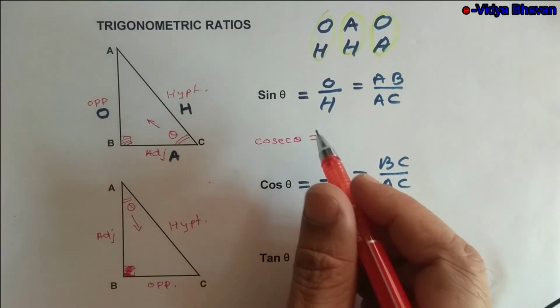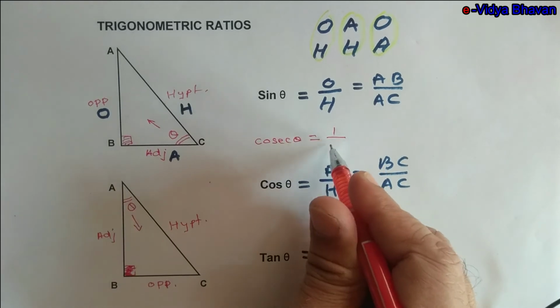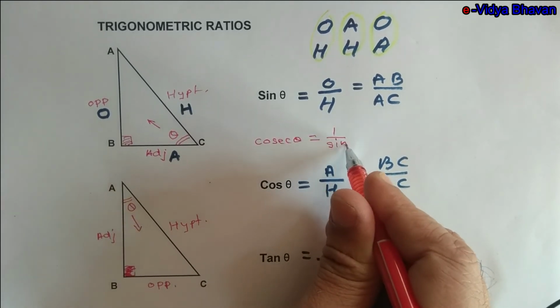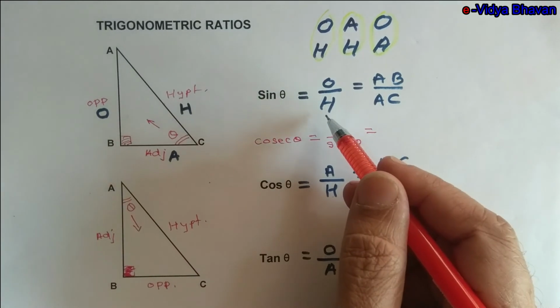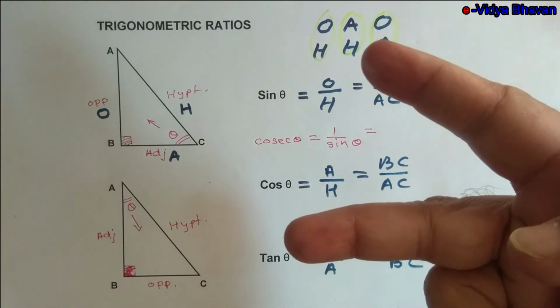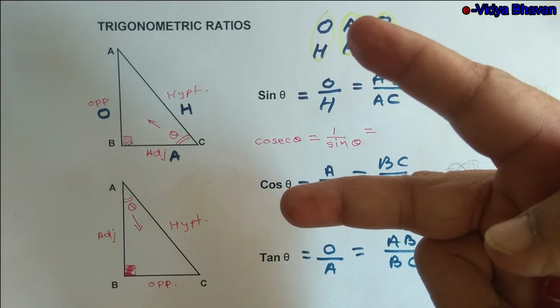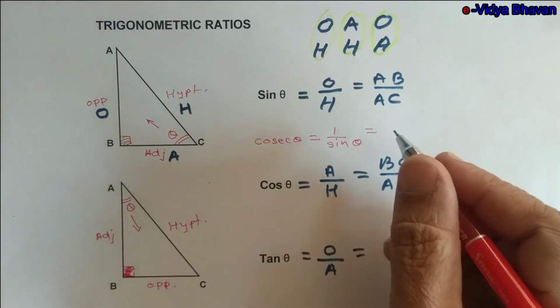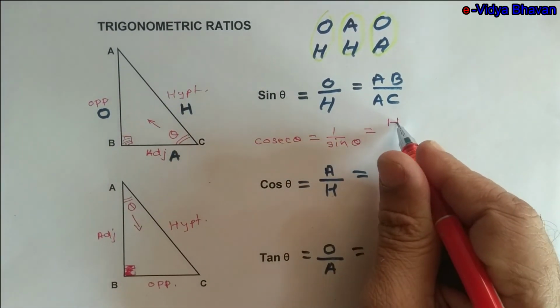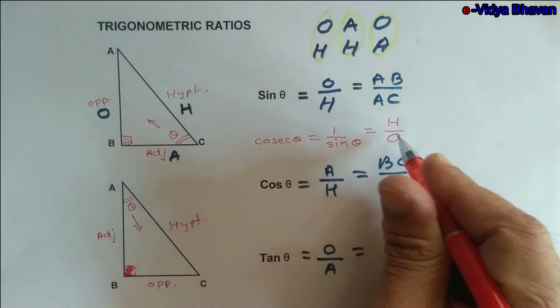Cosec equals 1 upon sin theta, that is equal to O upon H. Now you will make it inverted, that is, you have to invert it like this. O upon H you will make H upon O.